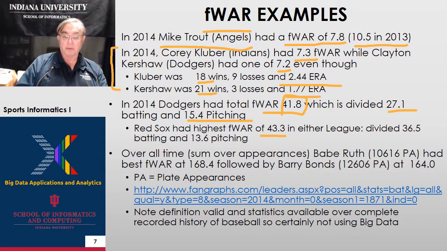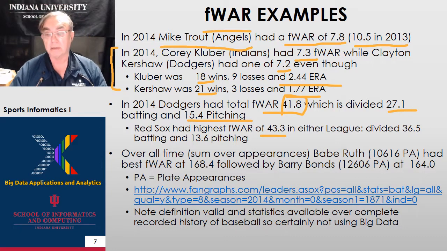Remember, 43.3 means they have 433 runs more than a team of replacement level players. Obviously, the Red Sox were better at batting than pitching compared to the Dodgers, because they had a significantly larger batting total than the Dodgers and a lower pitching total.